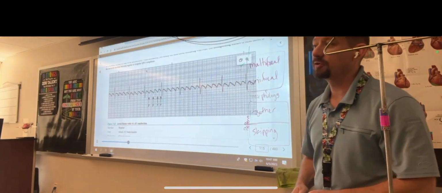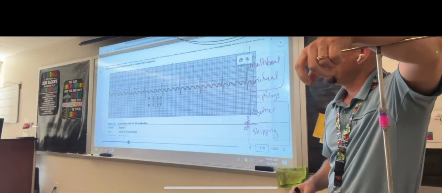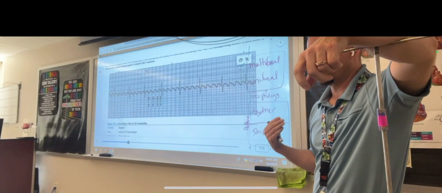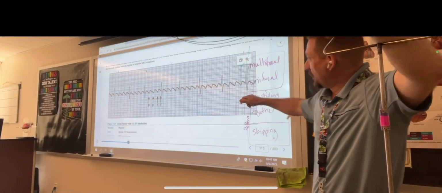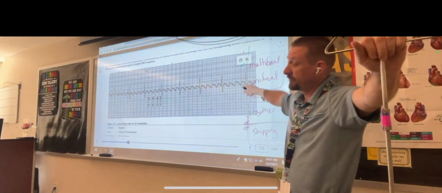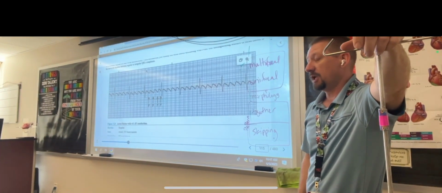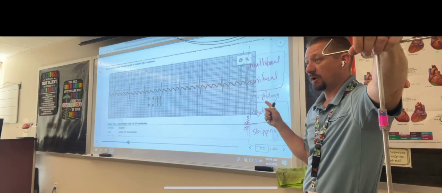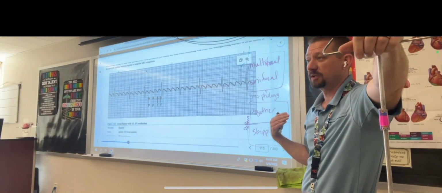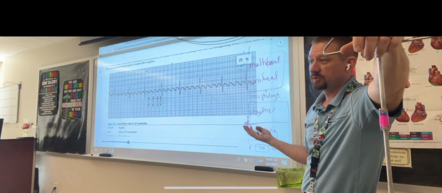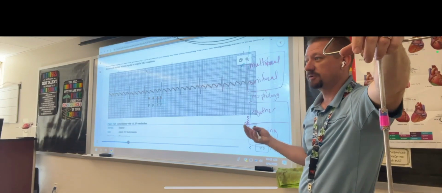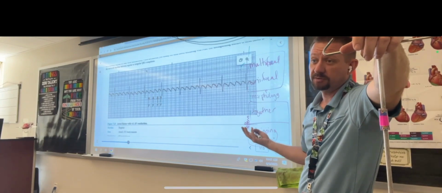And if the AV node is doing its job as a gatekeeper, it only lets some of those rates through to the ventricles, which is good, right? Because as you'll read, if you have fib or flutter, you can have atrial rates of 400 plus beats per minute. And if every one of those made it to a QRS, you would have 400 QRSs per minute. That wouldn't be sustainable. That would just be a heart flailing around, not pumping anything out. They'd be in cardiac arrest, likely.